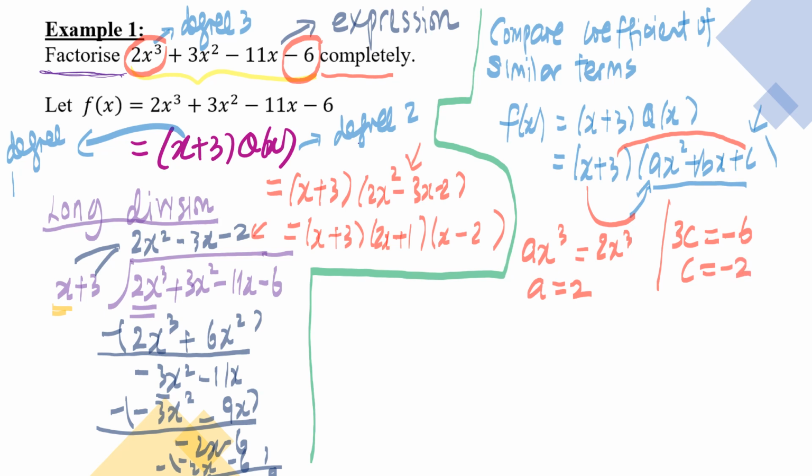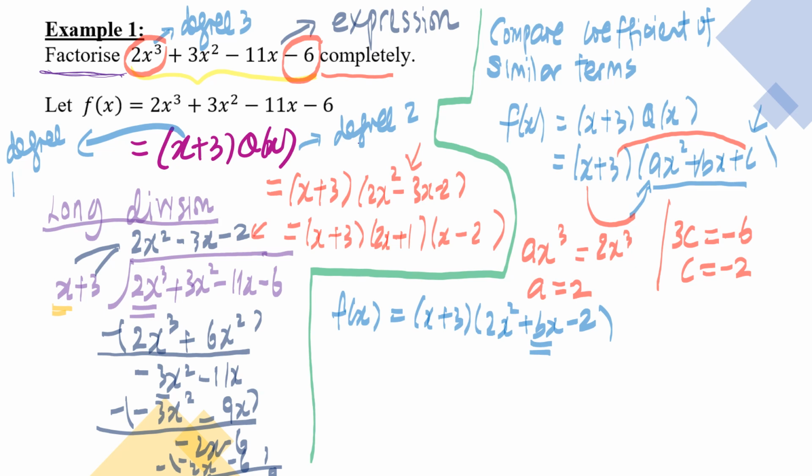If we were to write the dividend again, this is how it looks like. Now what we need to find is this term here. When you say coefficients of similar terms, if you look at your f of x, you have an x cubed term, the x squared term, the x term, and also the constant term.